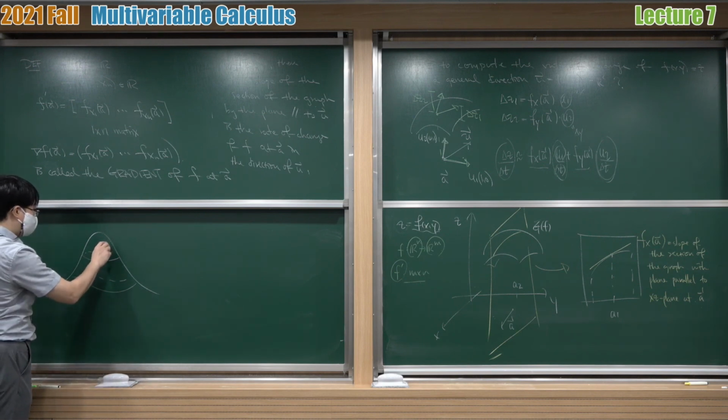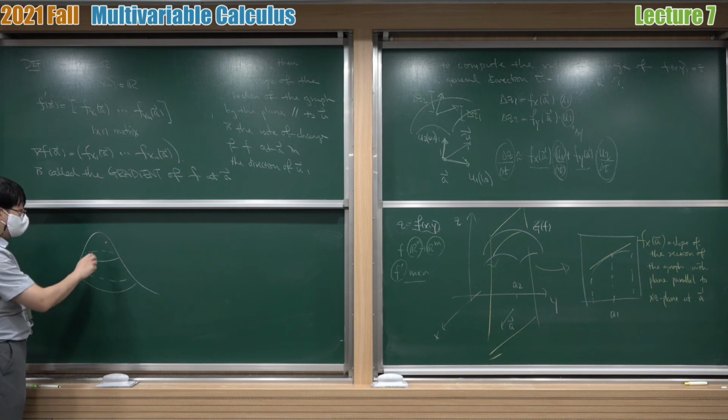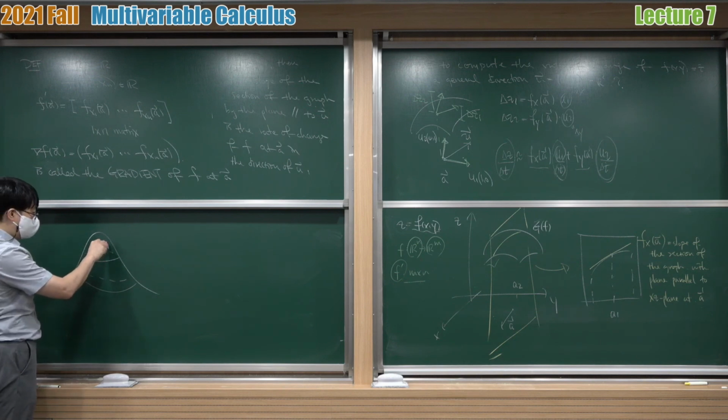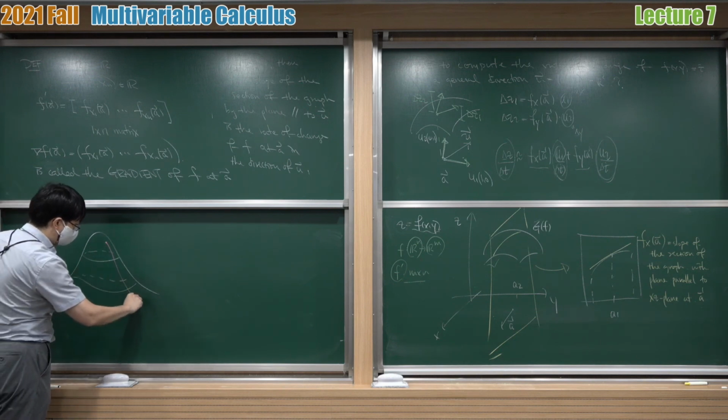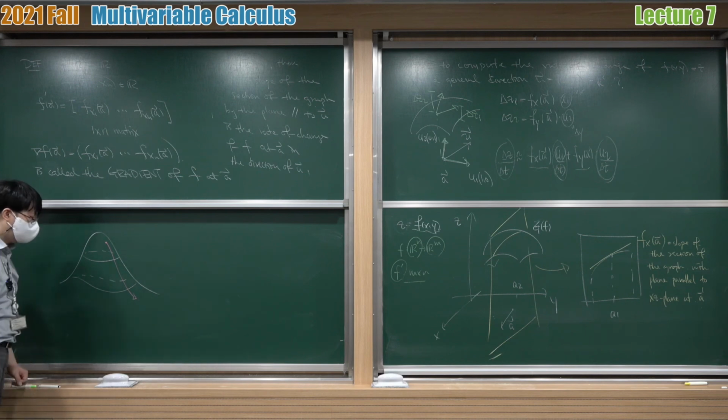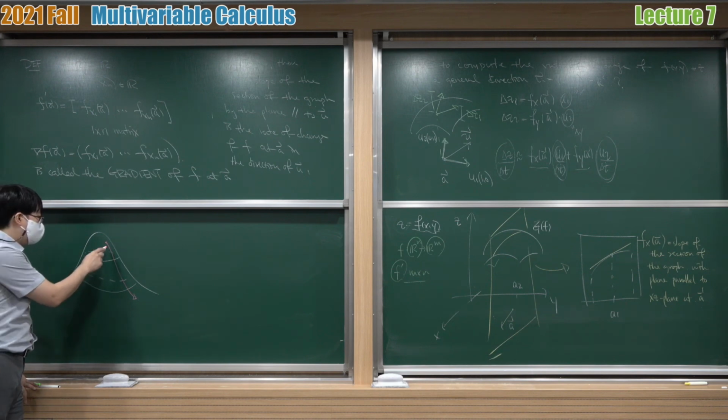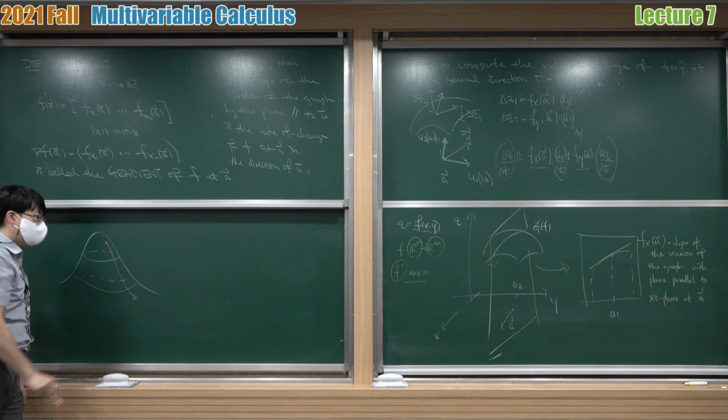Suppose that you're here. You want to find the fastest trajectory to come down from the mountain. So you have to decide at each moment in which direction to move, right?